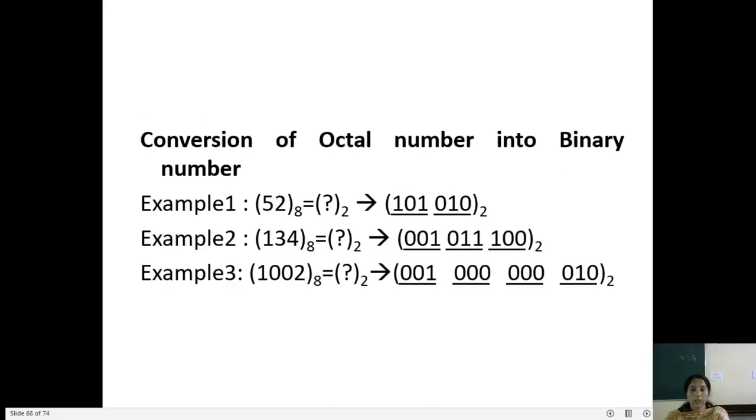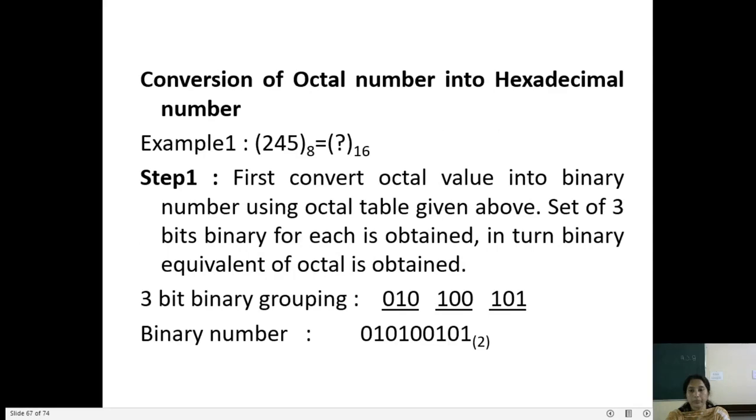And now I have told you how to convert the octal number into binary. This is 52 base 8, and when you want to convert, you can divide it continuously by 2, and you will get the result. Otherwise, if they give binary directly to octal, then you want to group into 3 bits and you will get the value. And when you come to hexa, if they have given convert 245 into hexa, then you can easily group the numbers in binary form.